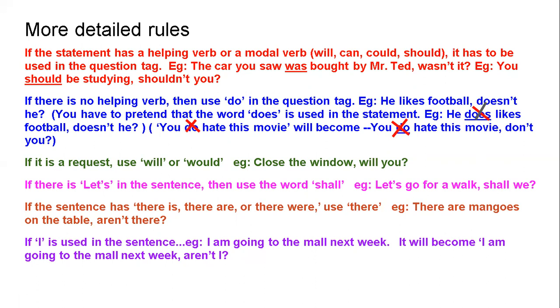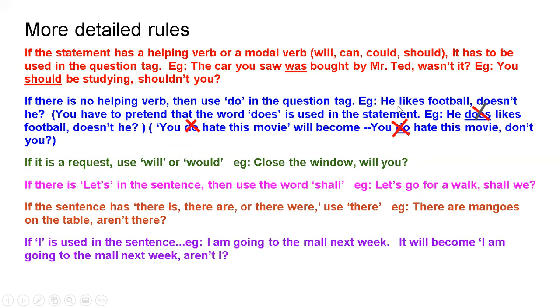This is why we have to do it, because you have to pretend that the word does is used in the statement. Because it's actually, he does like football. But then we don't normally use the word does when we write it. So we write it as he likes football. But actually you have to imagine that does is there, because that's actually how it is.